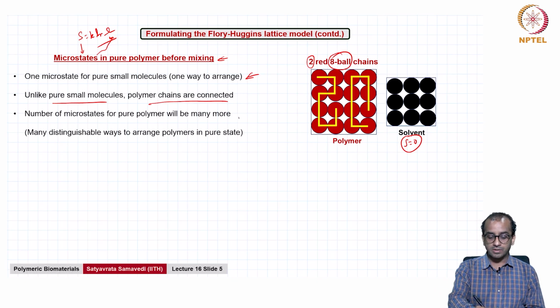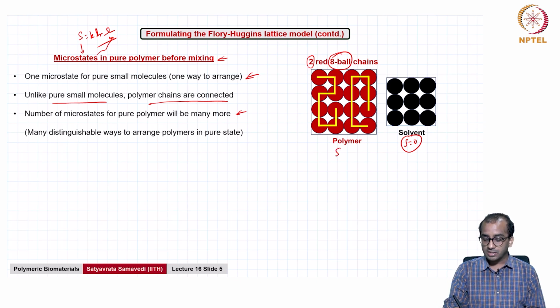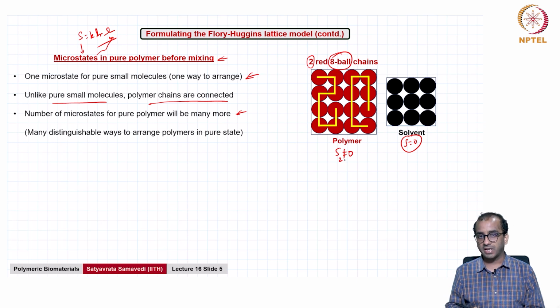Now you notice, because the chains are connected and because I can now arrange them in different ways, S is not going to be equal to 0 for this case, even in the pure state. In fact, you will have many distinguishable ways to arrange the polymers in the pure state.